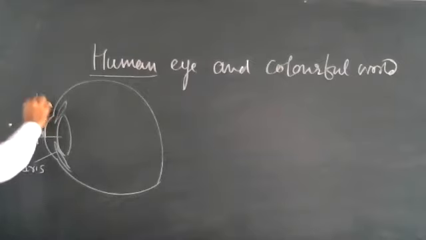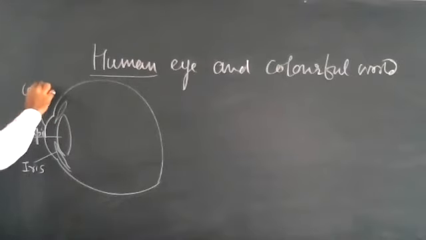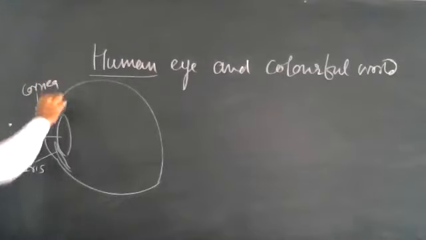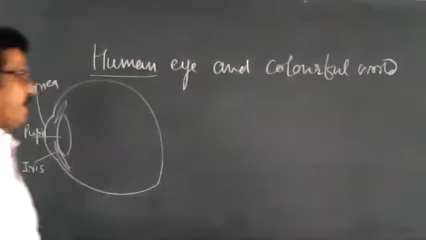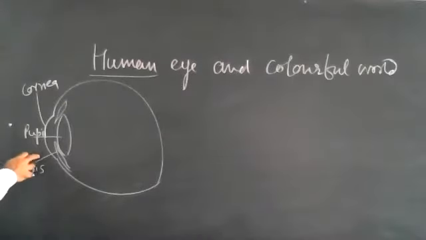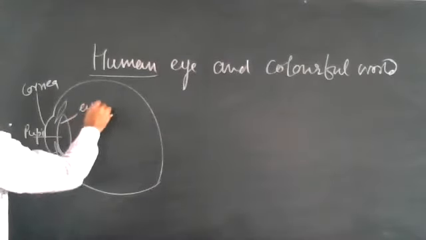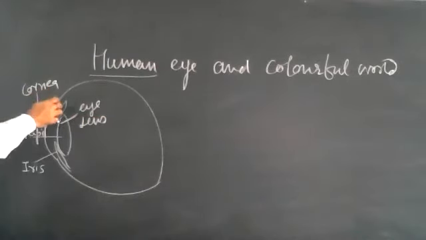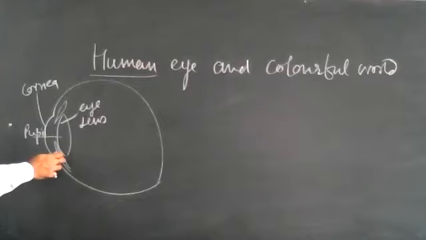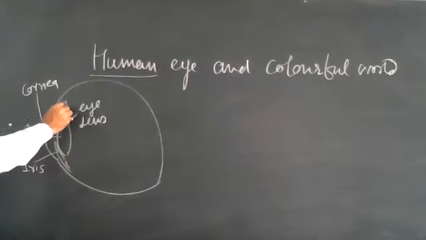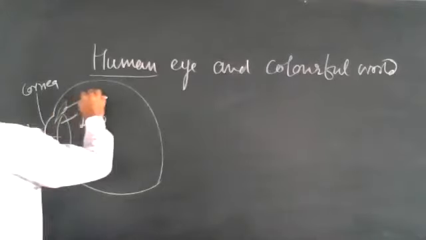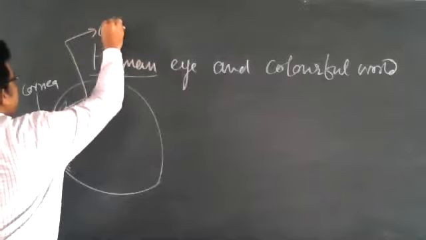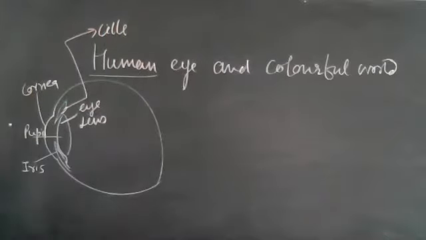The front part is the cornea. This is our eye lens. To control the position of the eye lens, here and here, these are the ciliary muscles.